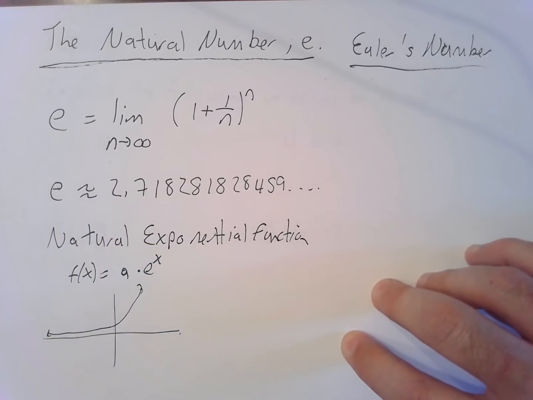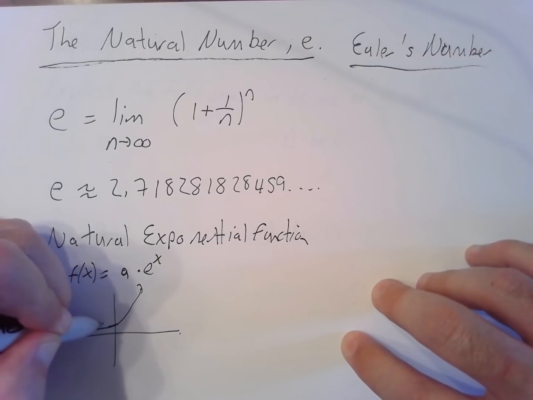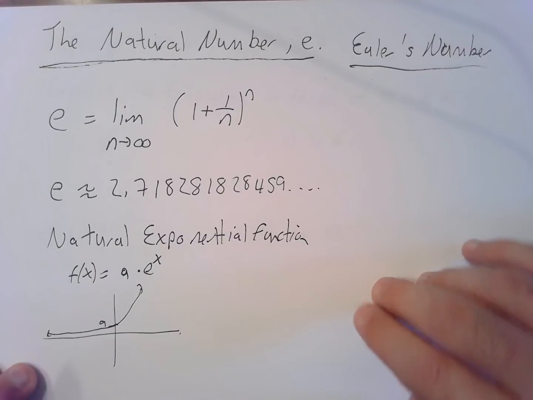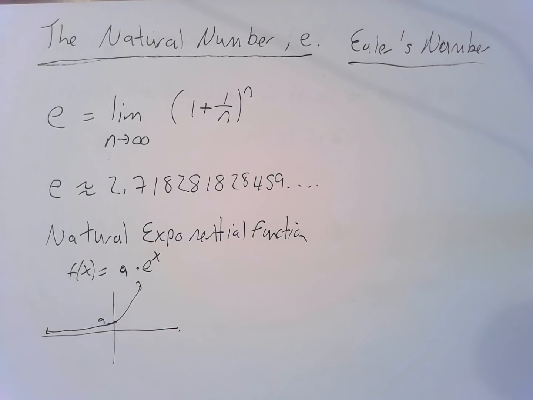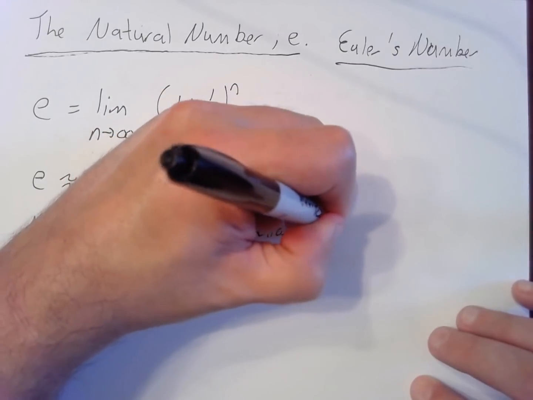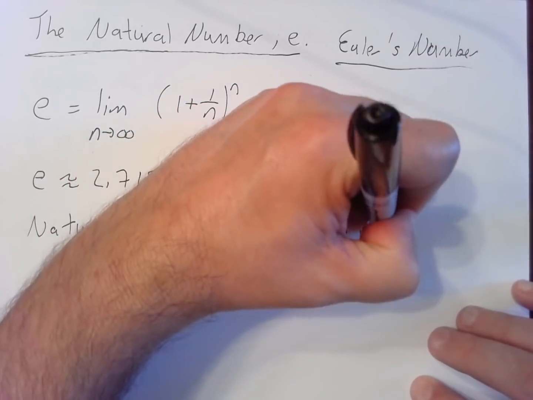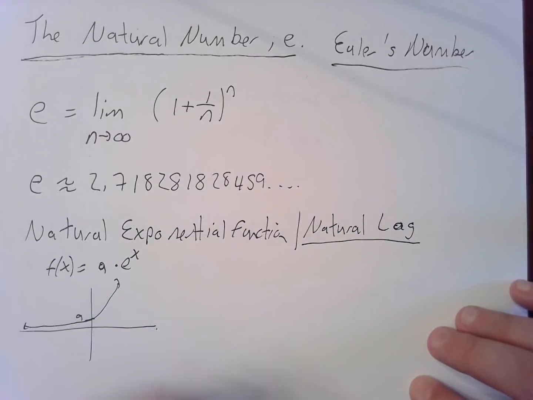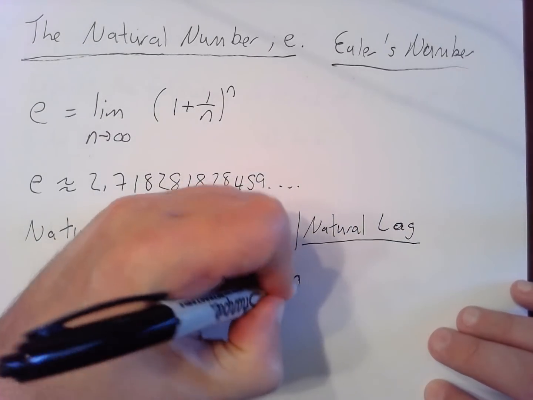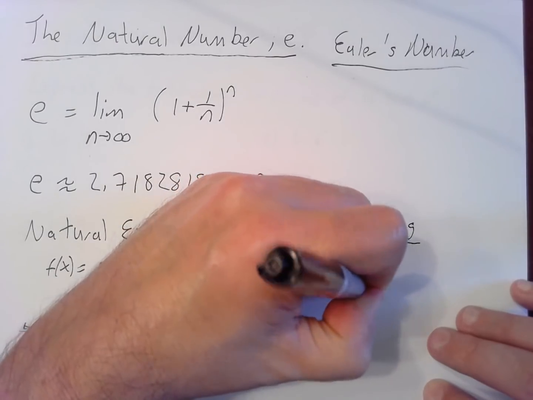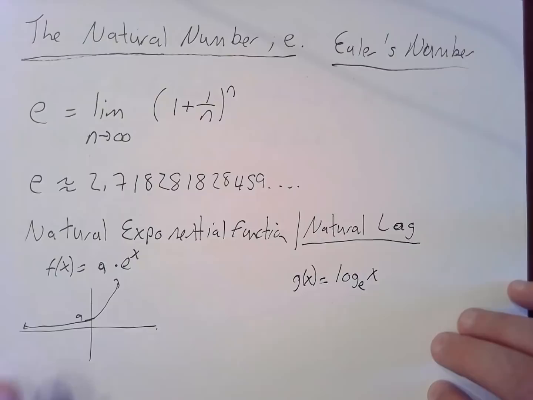Physicists, biologists, chemists, we all love the natural exponential function. He's got a buddy that goes with him called the natural logarithmic function, or the natural log. So it would be his inverse. We'll just call him, say here, g of x equals log base e of x.